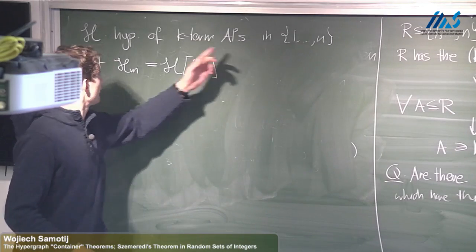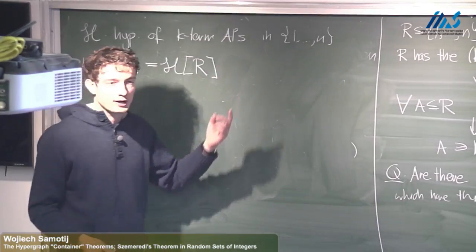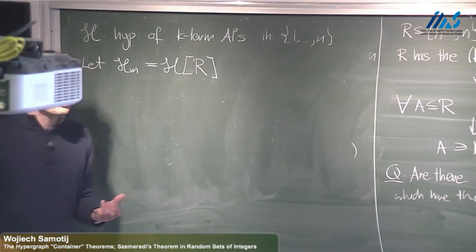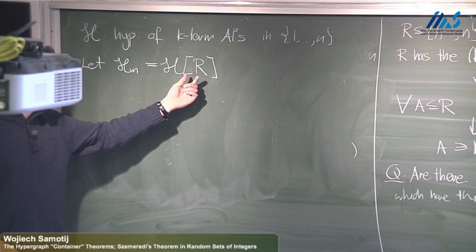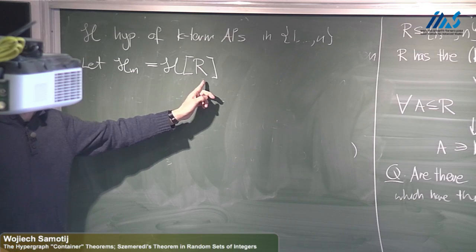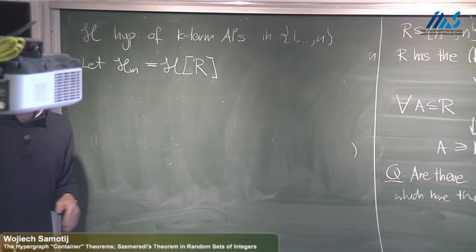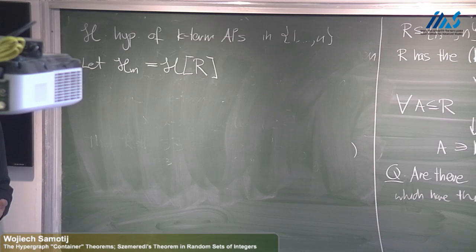So here we have some collection of subsets of 1 through n. These subsets are the k-term arithmetic progressions. Now we keep a random set of m elements, and we look at all the progressions that remain. Now, within this hypergraph, we're asking what is the largest number of elements in a set which doesn't contain any k-term arithmetic progressions.